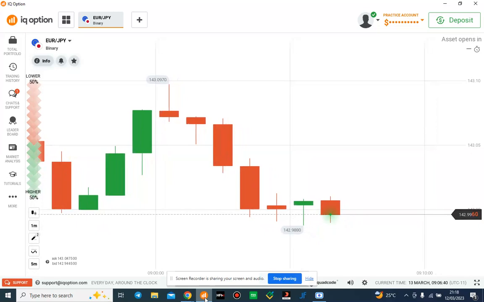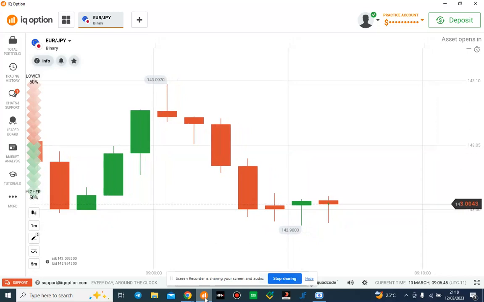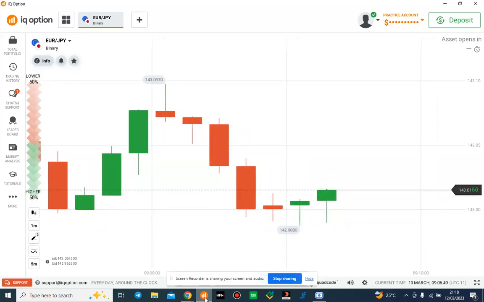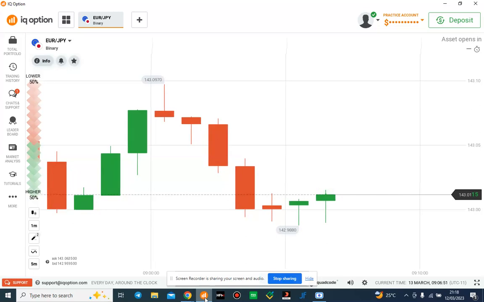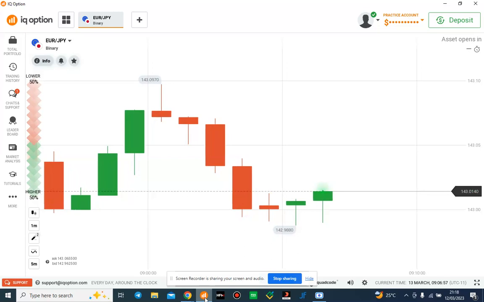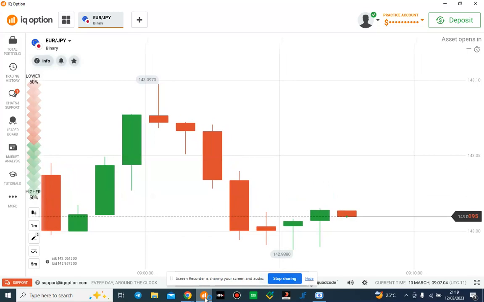What I'm trying to say is that not all the time will the market form the same pattern every day. Okay? Say, for example, you saw a bullish engulfing pattern and you took the trade. Then the following day, you saw the same bullish engulfing pattern at the same key level, you took the trade, and it went against you.